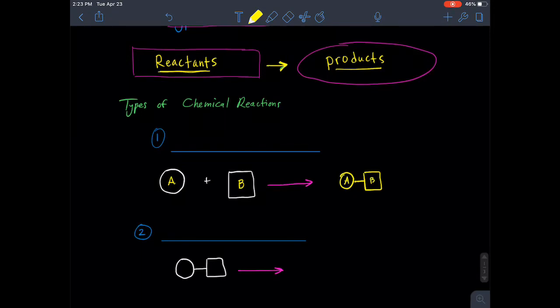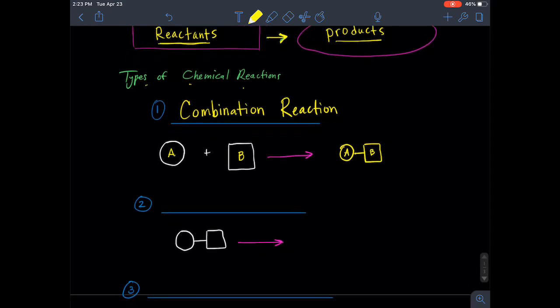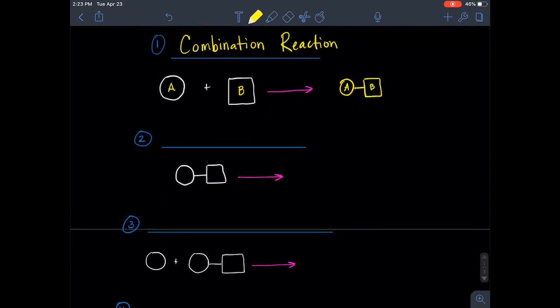Since these 2 combine together, we call this a combination reaction. All right, so our first type of chemical reaction is a combination reaction. Let's write reaction.